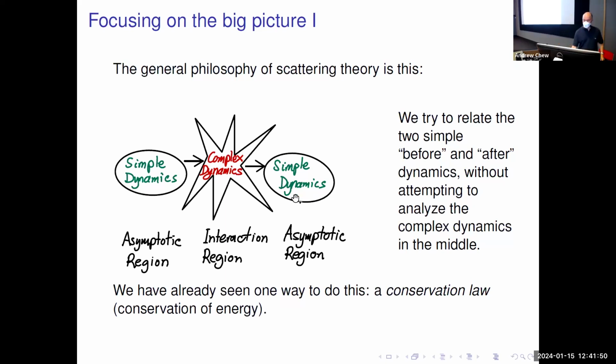And similarly, there's another asymptotic region when time is very large. But in between, there's some complex dynamics, caused by, say, the marble interacting with this potential, which could be complicated. That's the interaction region. So the philosophy of scattering theory is to relate the simple before and after dynamics without worrying too much about the complexities of what happens in between.